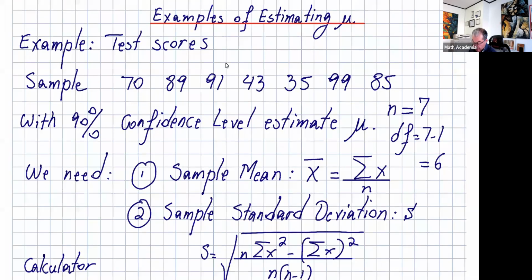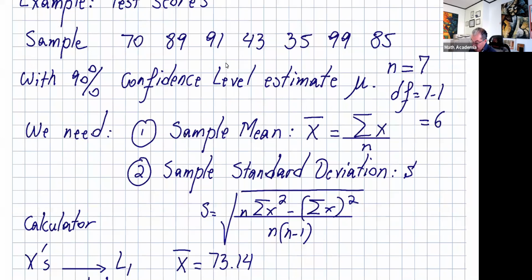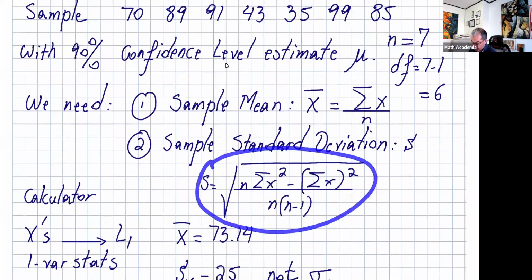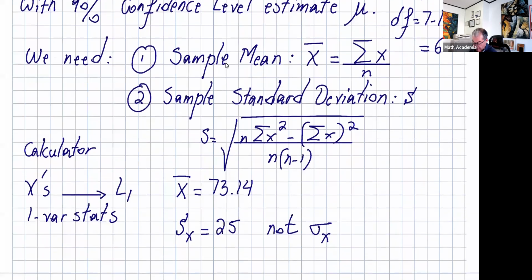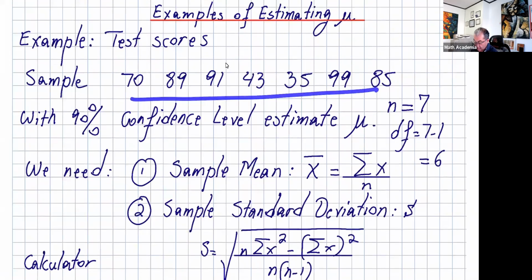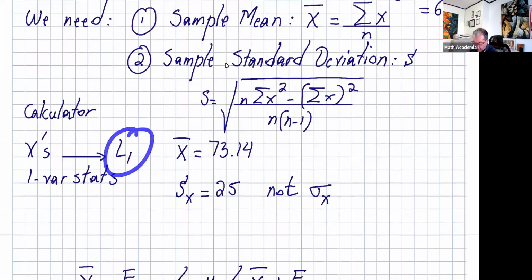So what we need to do here, first find the sample mean and find the sample standard deviation, which is s. These are the formulas for sample mean and for sample standard deviation. You can use the formulas, or you can go to your calculator and put the x's, the test scores, in L1, and just do 1-var stats.